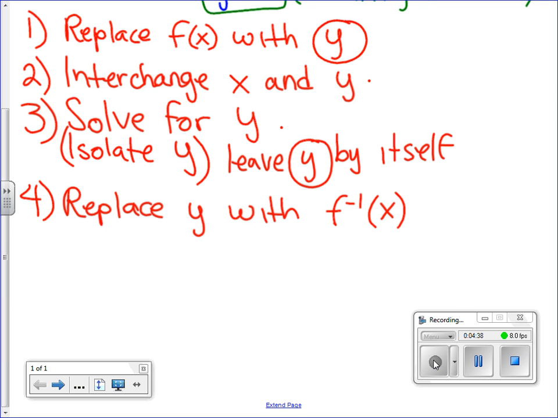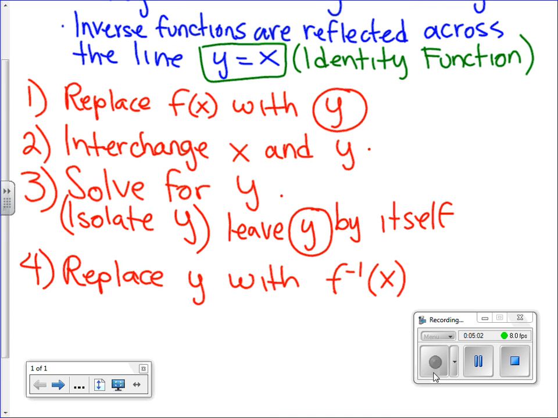Okay. All right. So we could find the inverse of any function, not necessarily linear. But let's start with an example. Okay. So I want to look at example number 9. The equation for that says h of x is equal to the cube root of x minus 3.